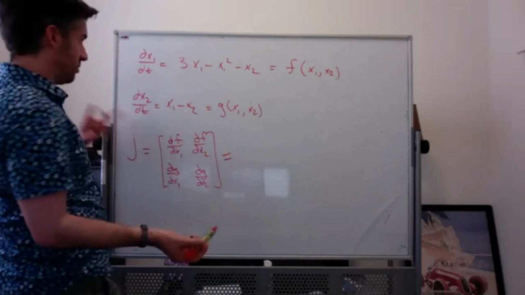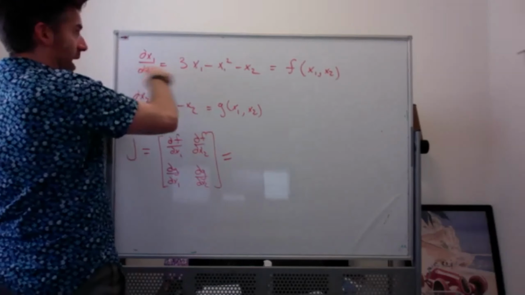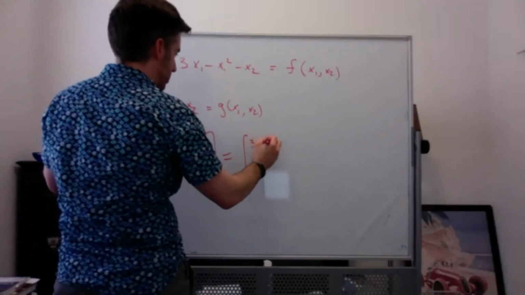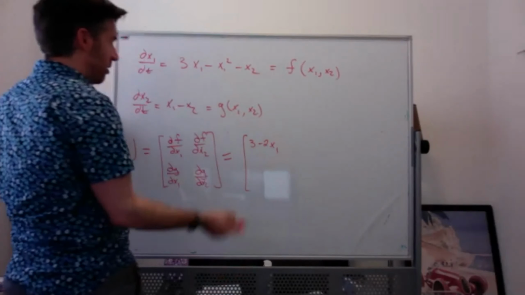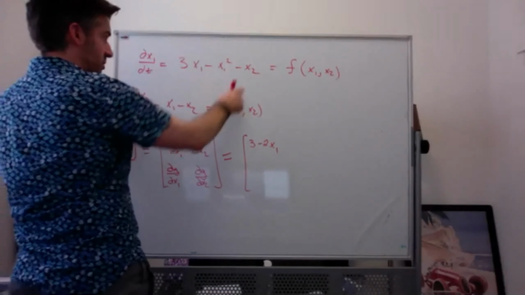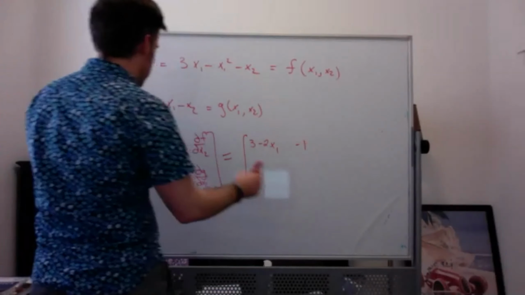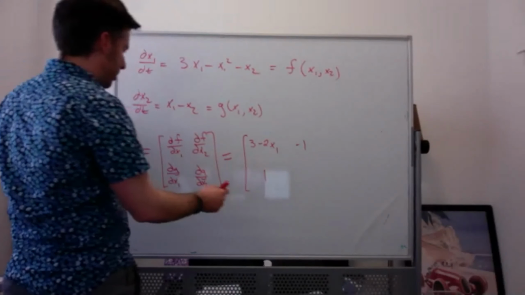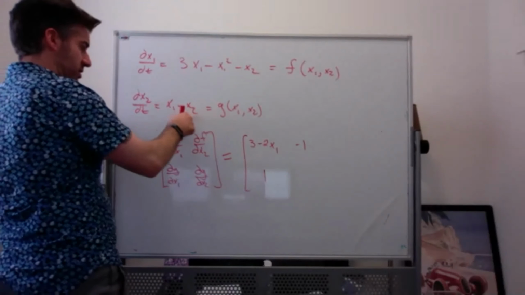So I'm just taking the partials, right? The partial of f with respect to x1 is going to be 3 minus 2x1. The partial of f with respect to x2 is going to be negative 1. The partial of g with respect to x1 is going to be positive 1. And the partial of g with respect to x2 is going to be negative 1.